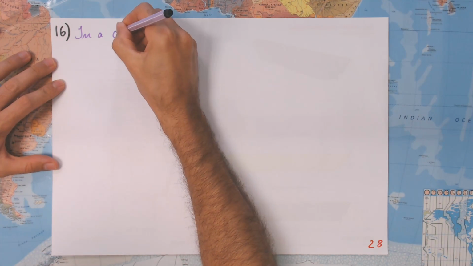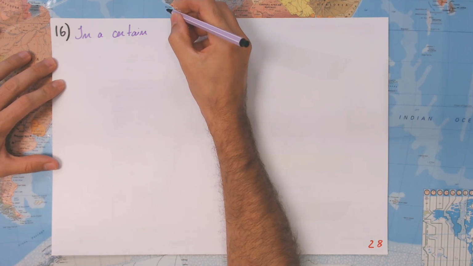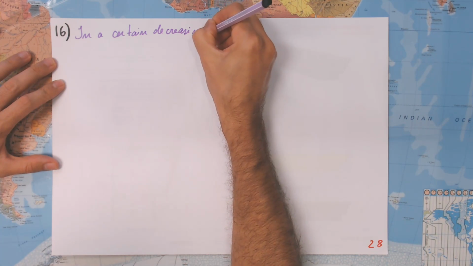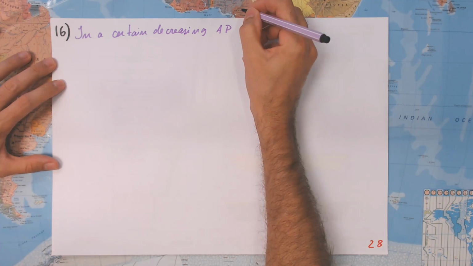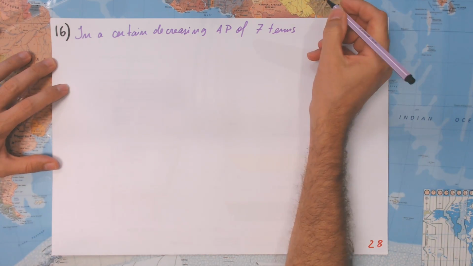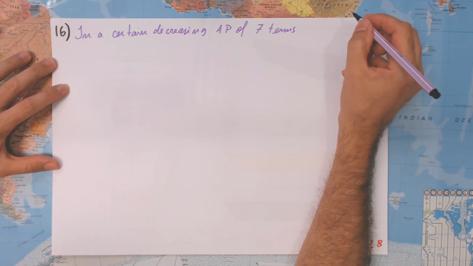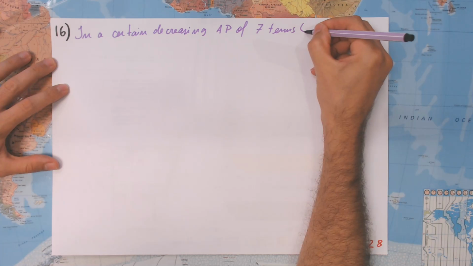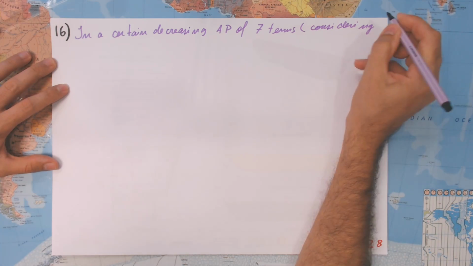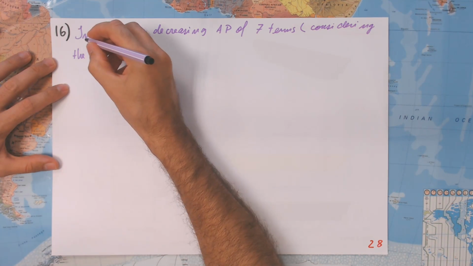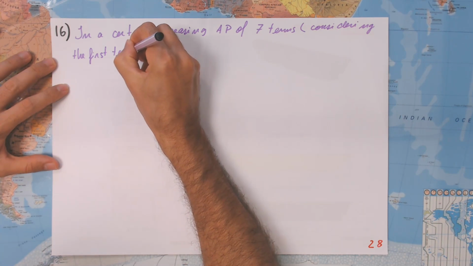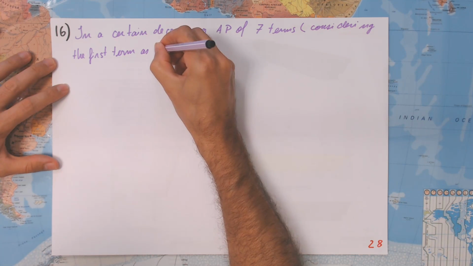In a certain decreasing arithmetic progression of 7 terms, considering the first term as negative.